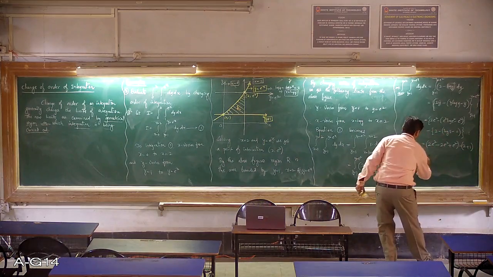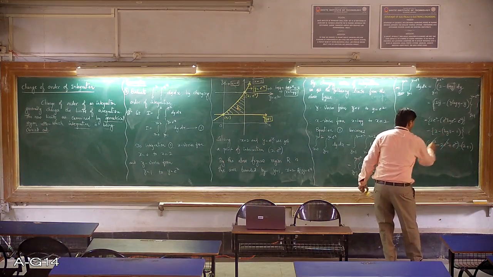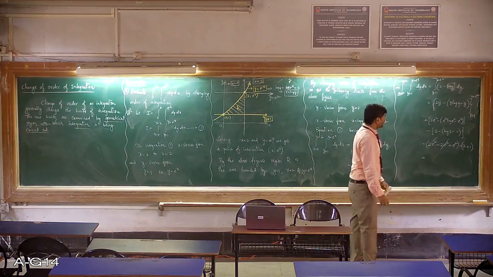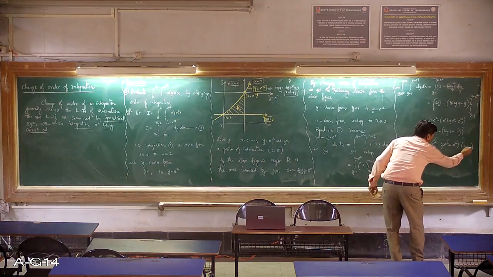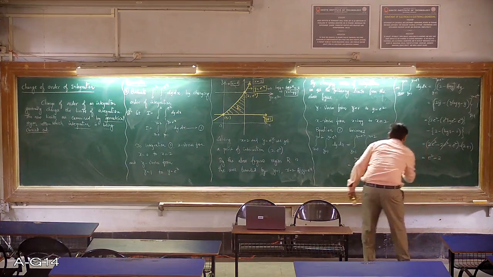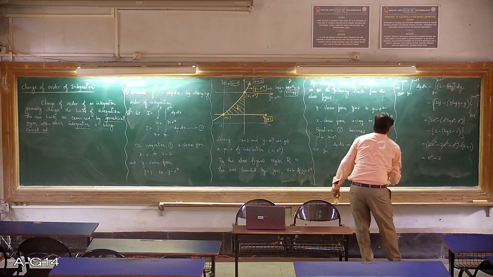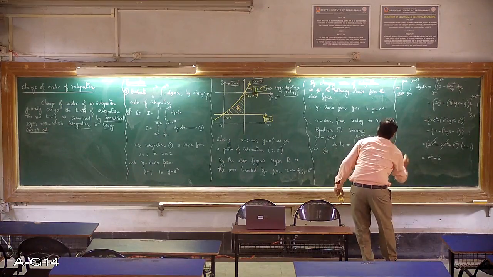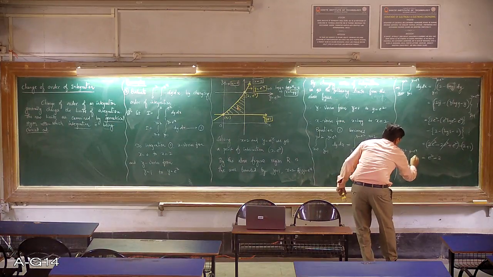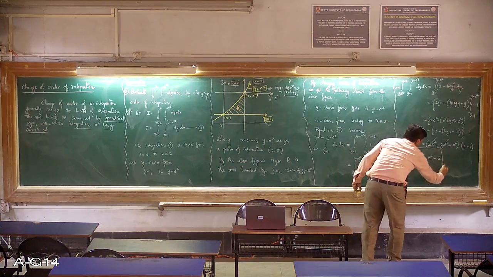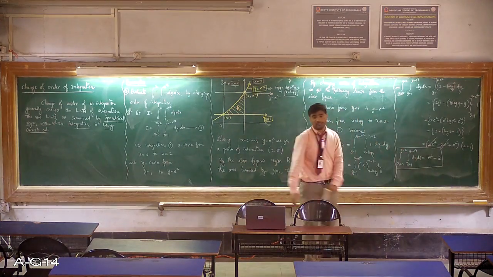So 2 e square gets cancelled, here you will get e square minus 2 plus 1, 3, so therefore the final answer is e square minus 3. Therefore integration x equals 0 to x equals 2, integration y equals 1 to y equals e to the power x, dy dx, answer is e square minus 3.